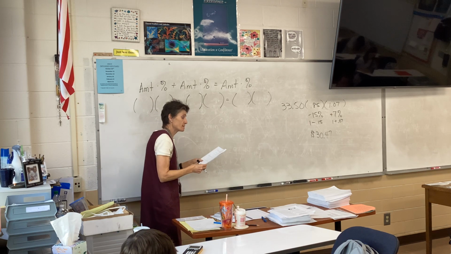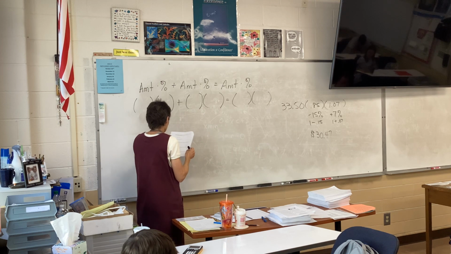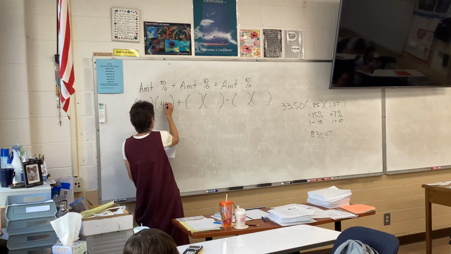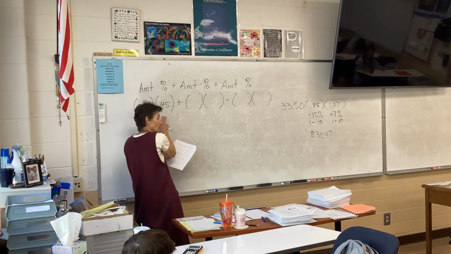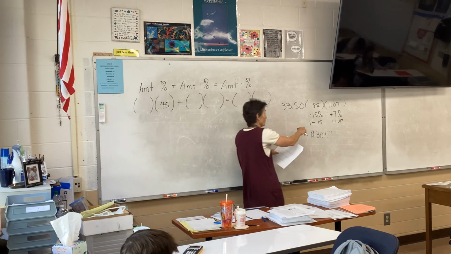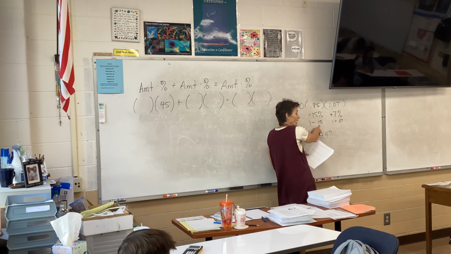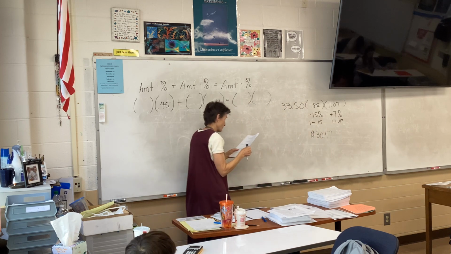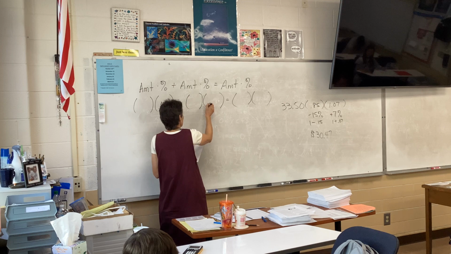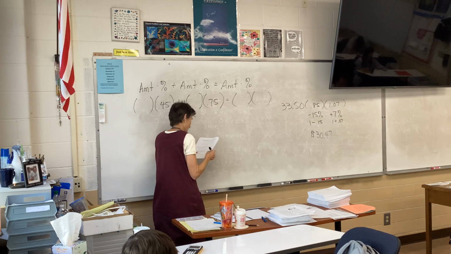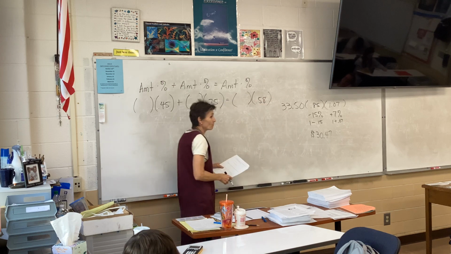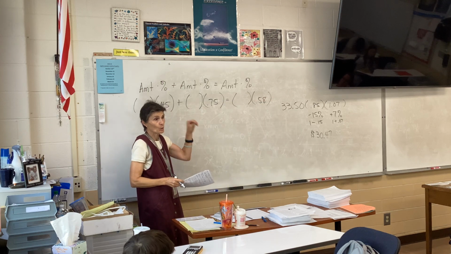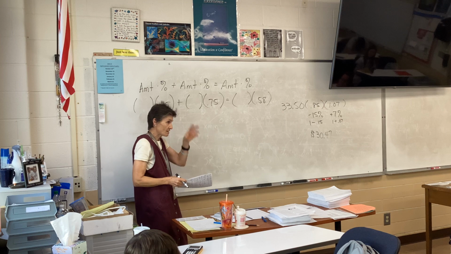So the percents should all be there. So we got 45%. Notice I'm putting it in as a decimal, always a decimal, always a decimal. Just like this problem. We don't use 15, we use 0.15, always a decimal. And we have 75% cocoa, and we're gonna end up with 58% cocoa. Does everybody understand those things in those spots?